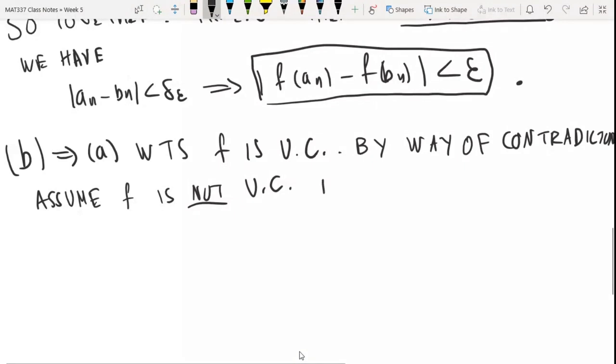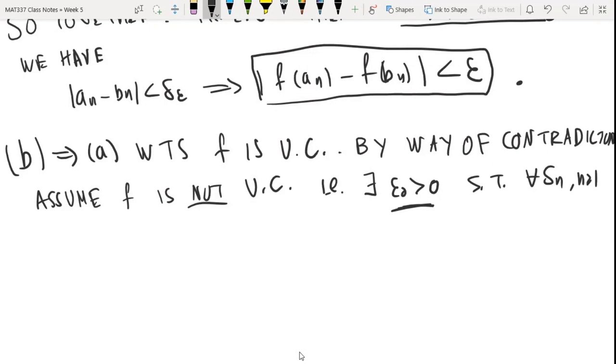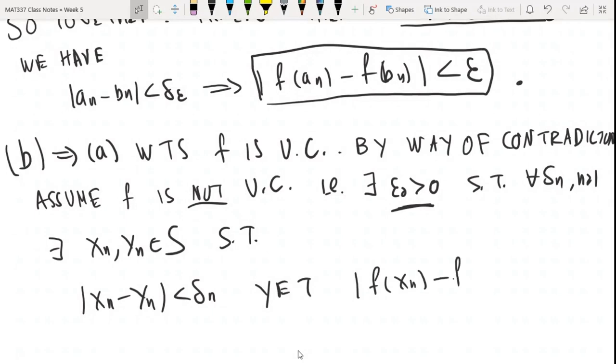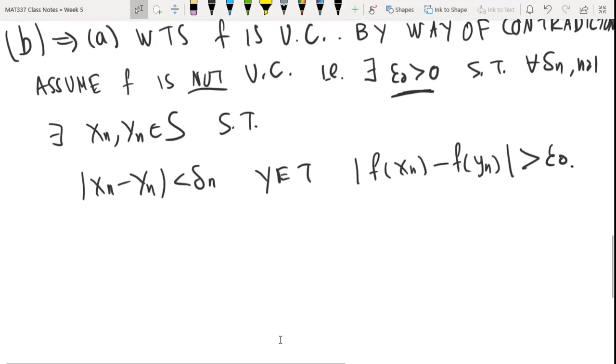It means that there exists an epsilon naught, so that for any delta n, you can find two points xn and yn such that even though these are close, yet their images are not close. Is that okay? So we're negating uniform continuity. I think that is pretty clear, right?